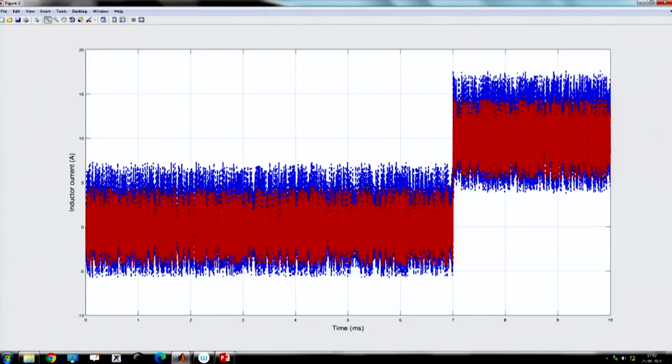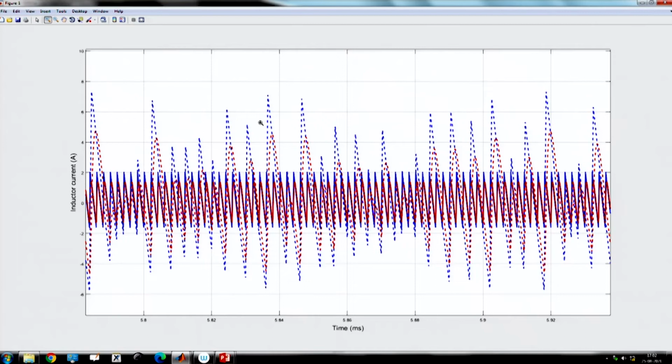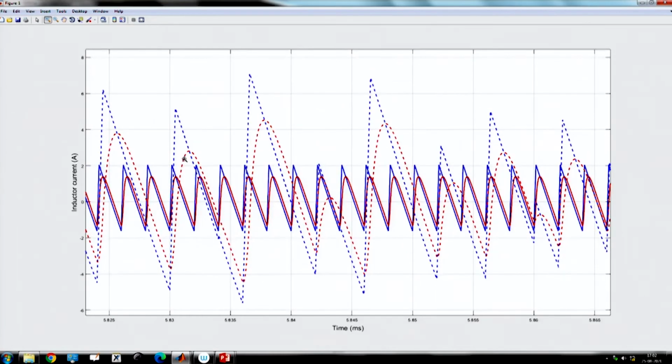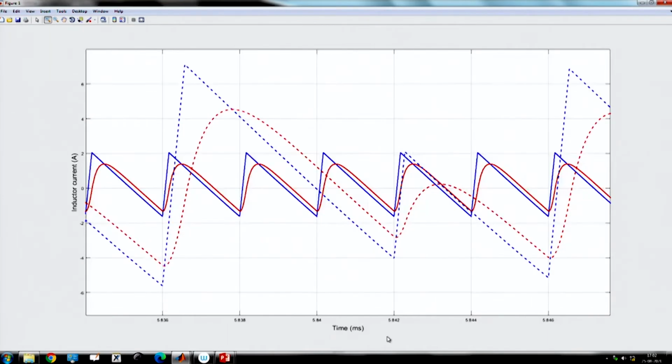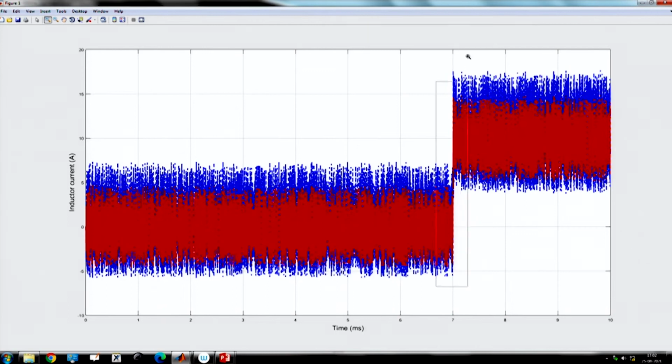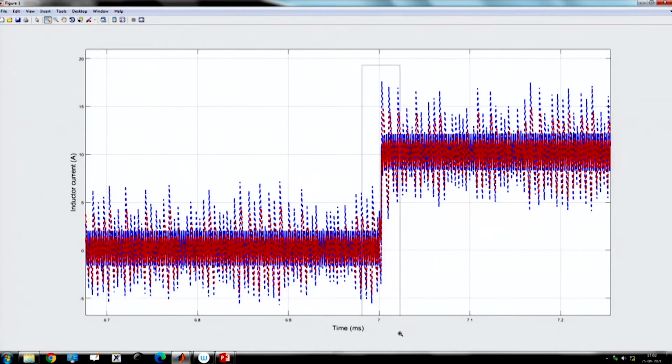So, first of all, the converter shows severe subharmonic instability, right, because of the drastic change in the bandwidth of the current loop, okay. So, that means it is not stable.